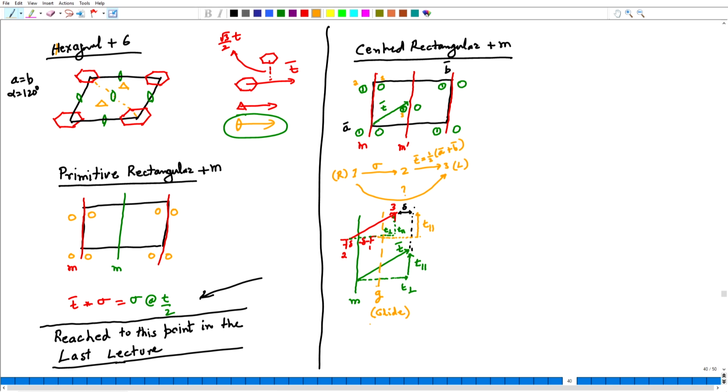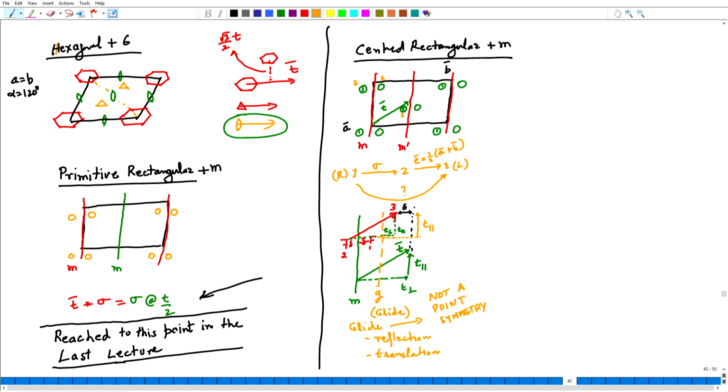and basically a glide is a 2-step operation. First, reflection, and the second step, translation. Now, since there is translation involved, glide is not a point operation or point symmetry.